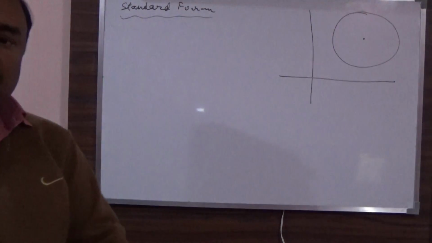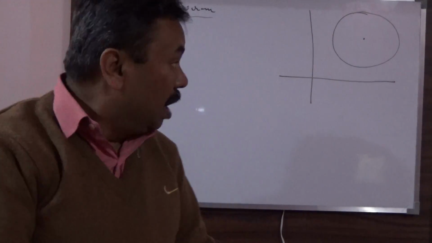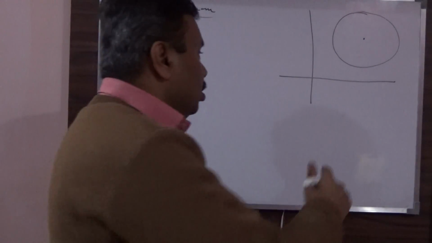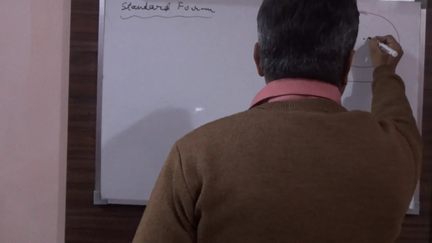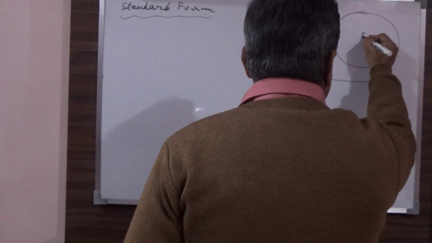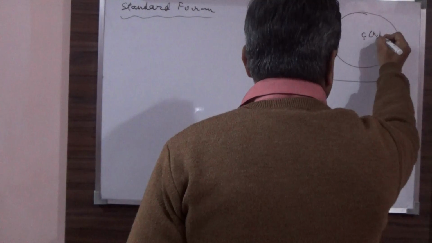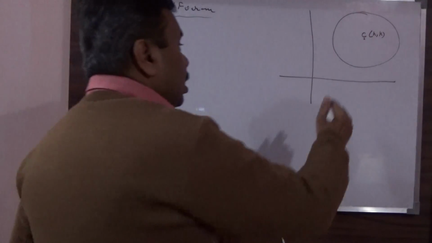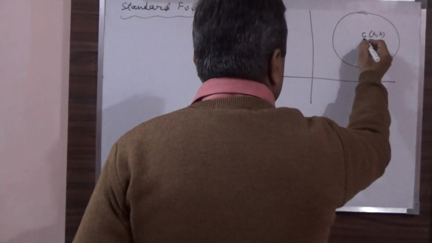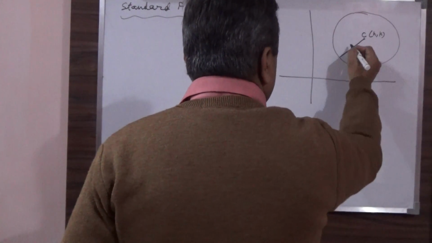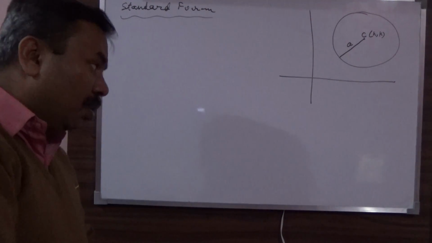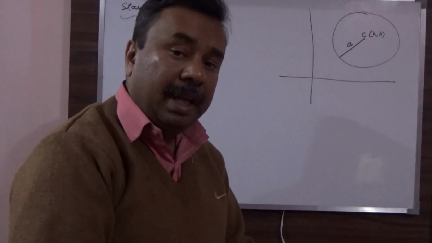Suppose the coordinates of this given point C are H and K, and the radius of this circle is A.